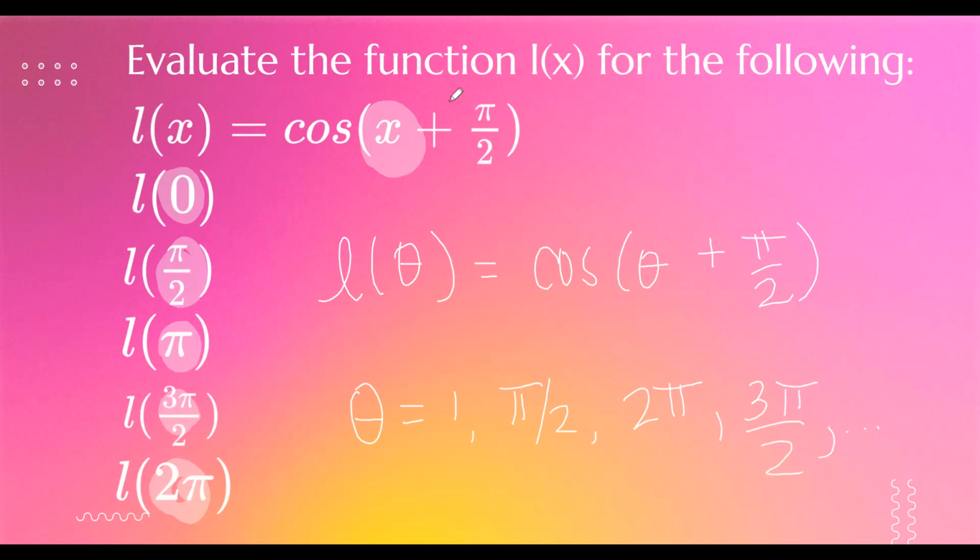You could just plug in whatever the function was normally defined as. This one was theta, plug in different values based on what it is. It could be theta, it could be x, it could be question mark, it could be anything, but we're really just trying to find the output value when we input a different value.